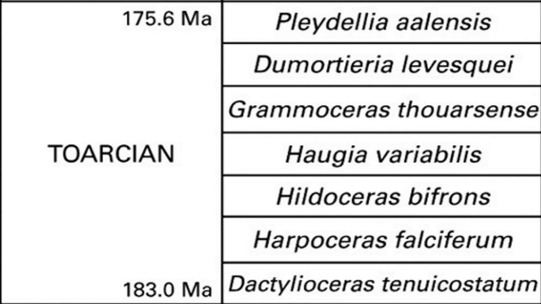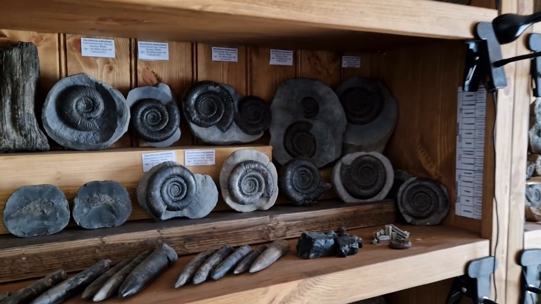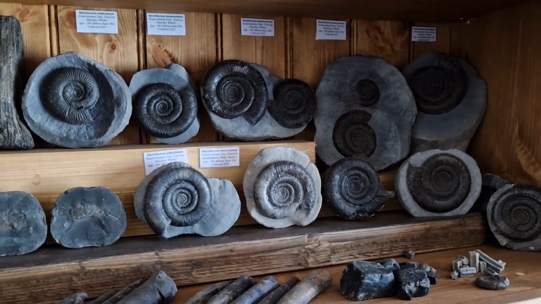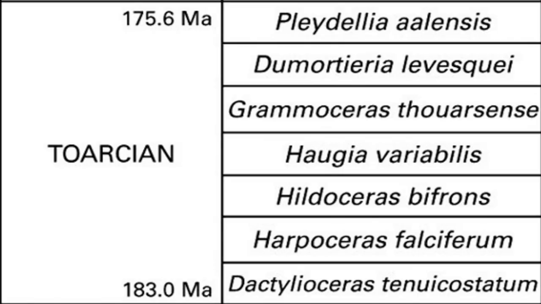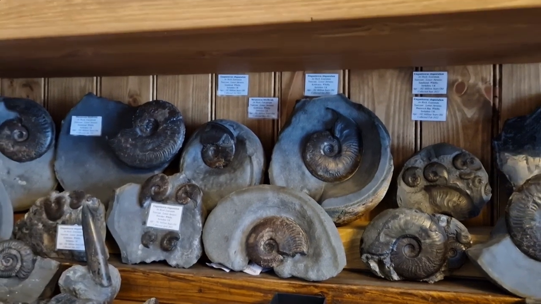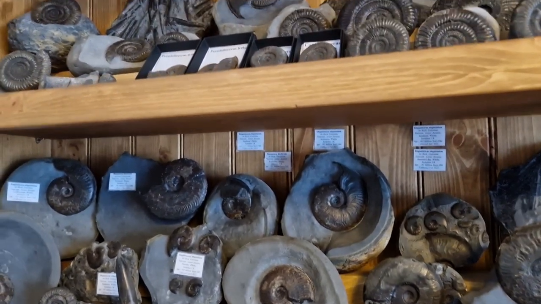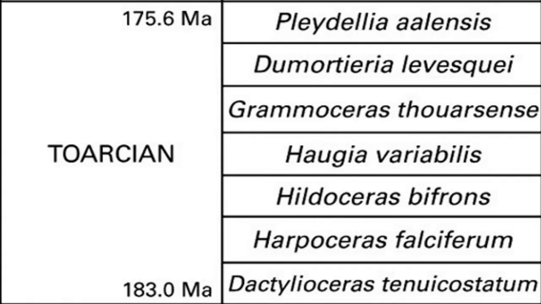The Toarcian stage stretches from 183 to 175.6 million years ago. It starts with the Tenuicostatum zone, which in Yorkshire is the grey shales. After that, it's the jet rock, or the Falciferum zone, where we get the Eleganticeras and the Harpoceras, the lovely golden cannonballs.